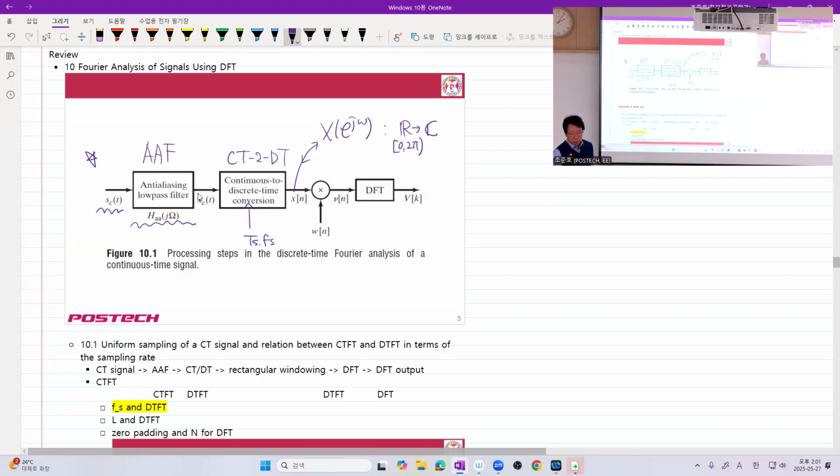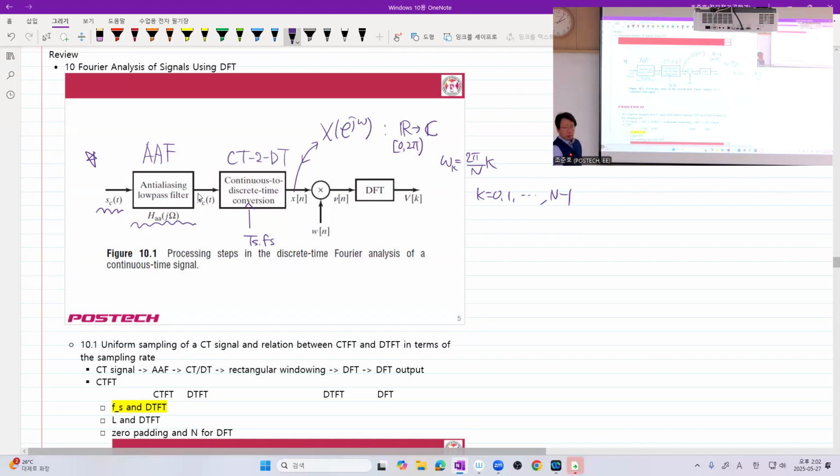So what we can do is to consider some special omega sub k, which is a fraction of 2 pi with common denominator capital N, and k ranges from 0 to capital N minus 1.